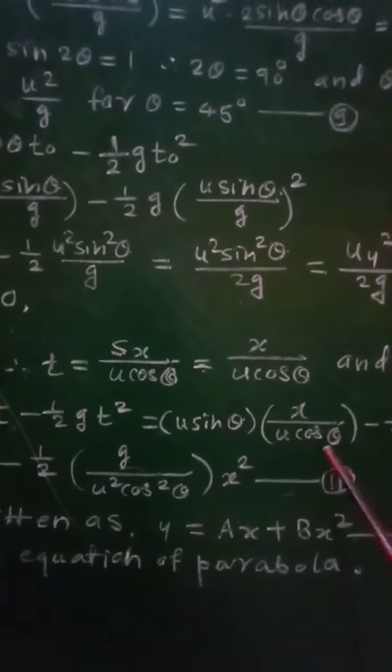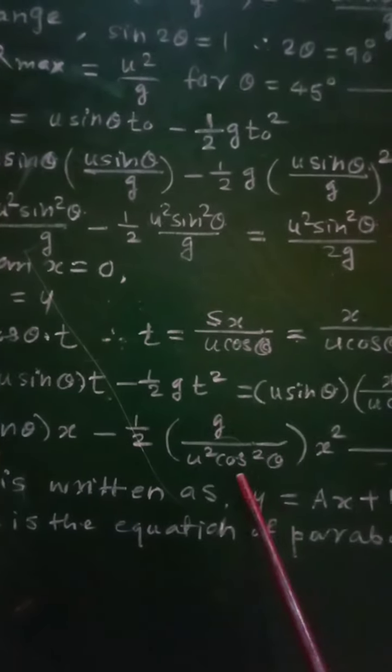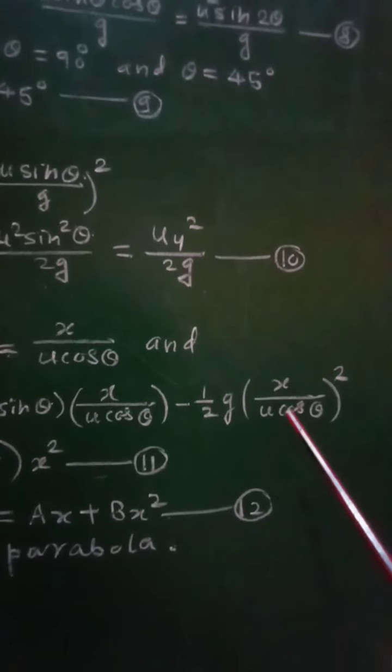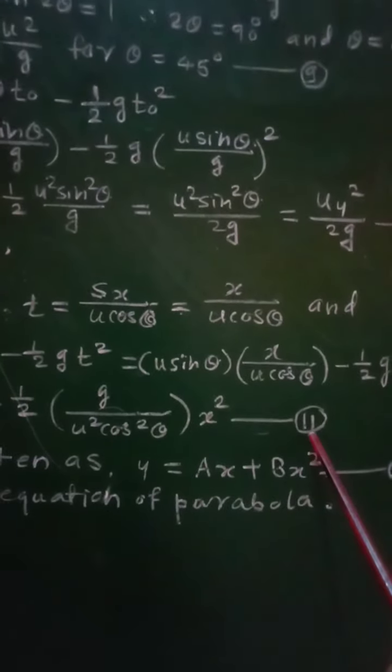And then we can write y equal to, this sin theta upon cos theta will be equal to tan theta. This u will get cancelled, and therefore it will be only tan theta x minus half g upon u square cos square theta into x square. So square of this will be x square upon u square cos square theta, and therefore we will get minus half g upon u square cos square theta into x square, equation number 11.